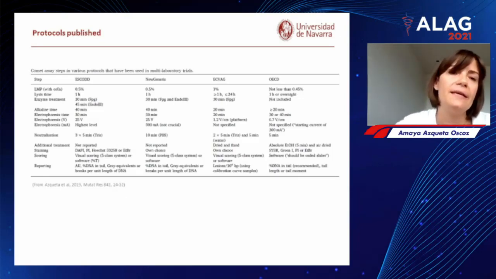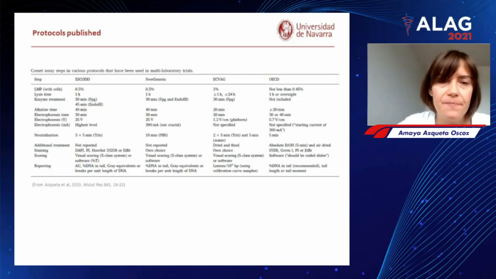There are a lot of Comet assay protocols published, and I think we retrieved about 14. And here in this slide, you can see the protocols that have been used in multi-laboratory trials. In the first column, you have the steps of the protocols, and then we have 3 European projects in which the Comet assay was applied, ESCODD, Mutagenesis, and ECVAG.